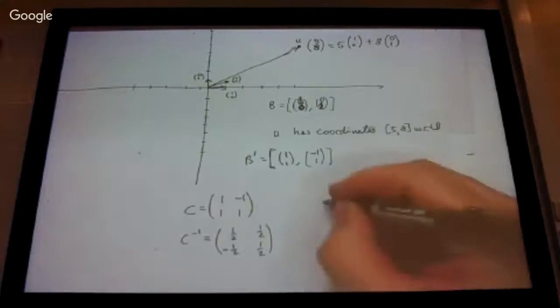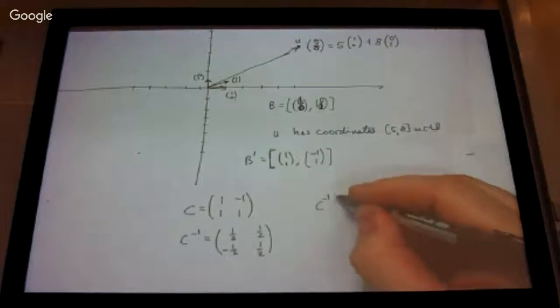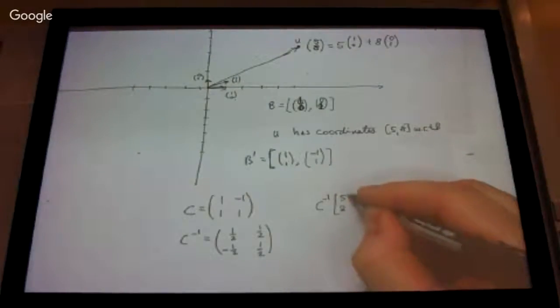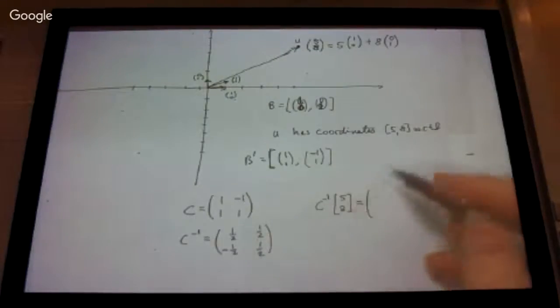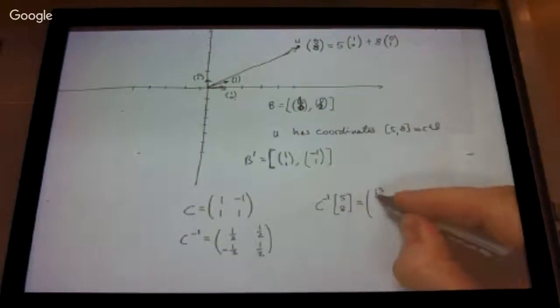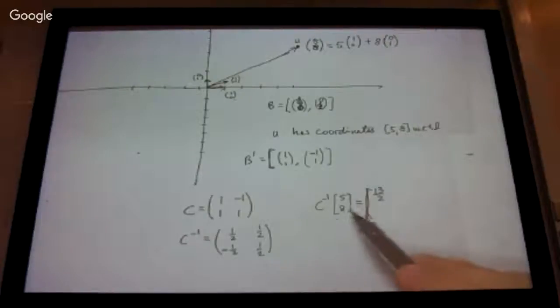So now when you do C inverse times some coordinates like 5 and 8, okay? 5 and 8 were the coordinates. You get 13/2. And this was their coordinates. And this one is 8 minus 5 is 3/2.